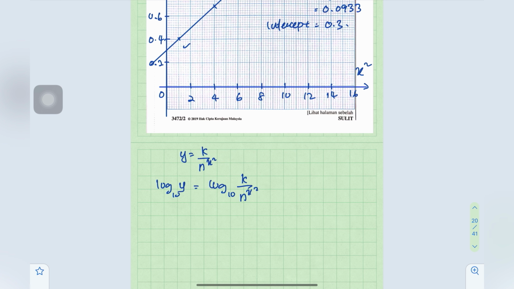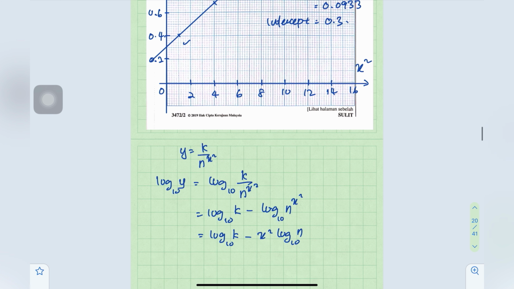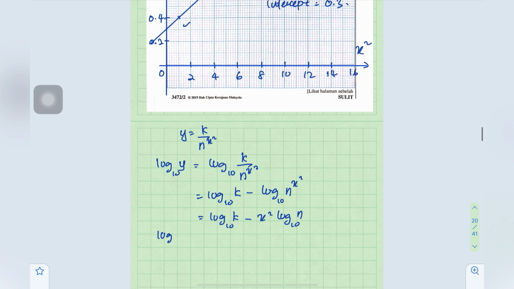Okay, ni bahagi jadi boleh tolakkan, log k base 10 minus log n power of x squared base 10. Okay, so this one equals to log k base 10 minus x squared log n base 10. Okay, so kita susun log y base 10 equals to negative x squared log n base 10, plus log k base 10.